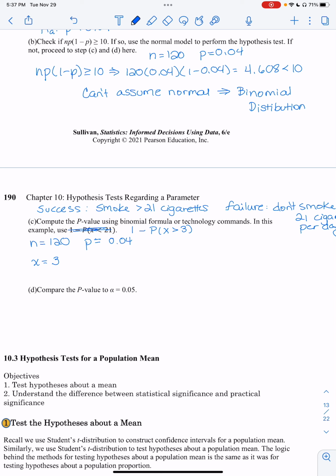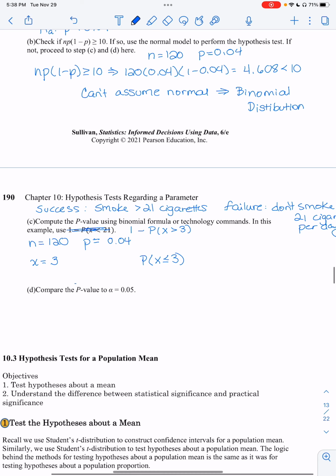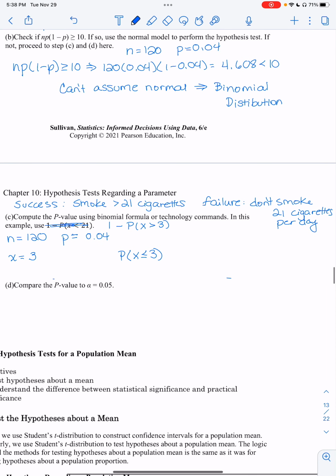So what I'm looking for in my binomial distribution is the probability that X is less than or equal to 3, because that will tell me if I had 3 or 2 or 1. If I think about what this distribution looks like, let me draw it kind of small. What I'm looking for is if I'm over here, right?